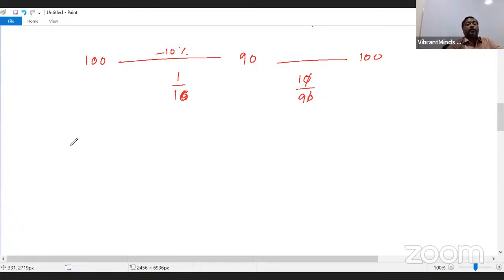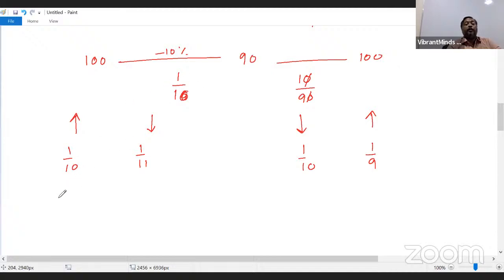So a comparative study will be what? If the price first increases and then we have to get less, 1 by 10 became 1 by 11. But if the price first decreases and then we get more product for the same price, 1 by 10 became 1 by 9.